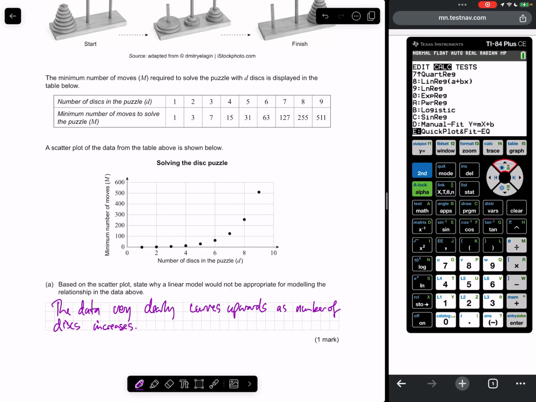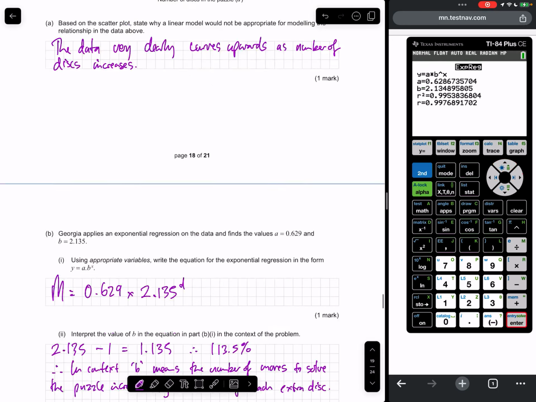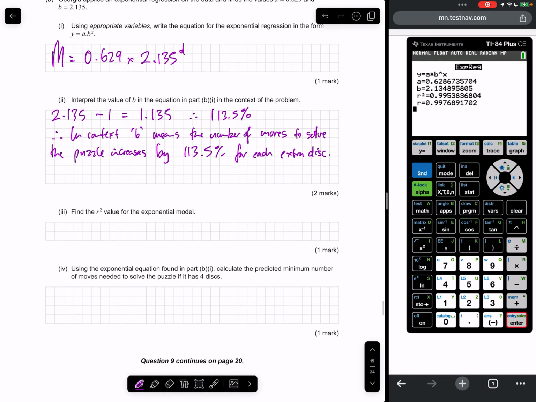Stat, calc, expreg. R-squared value is 0.9954 to 4 decimal places.